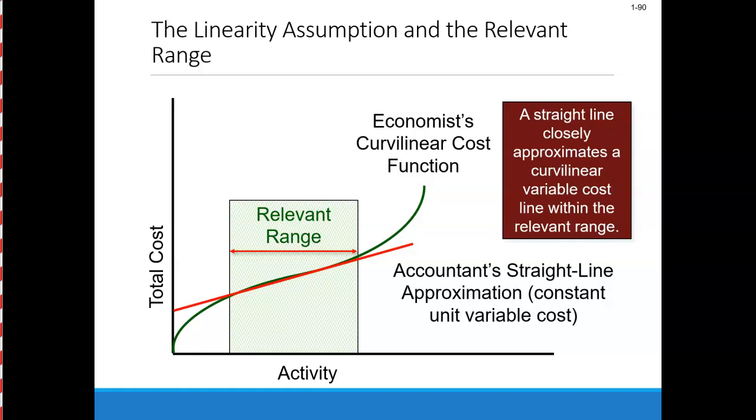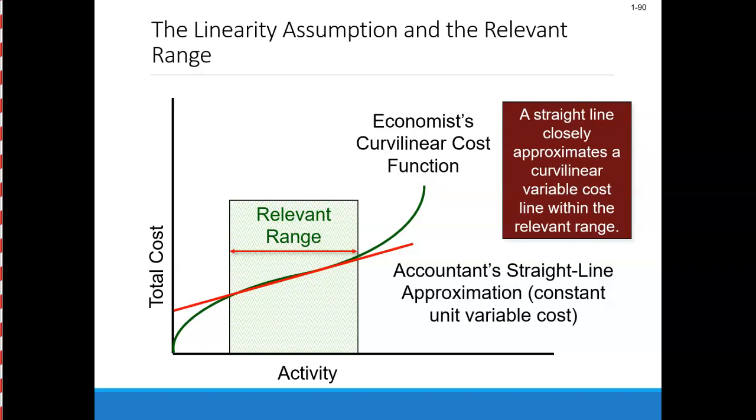we've got to think when we're dealing with costs within what we call a relevant range. In other words, there can be costs that, for example, insurance on this building.